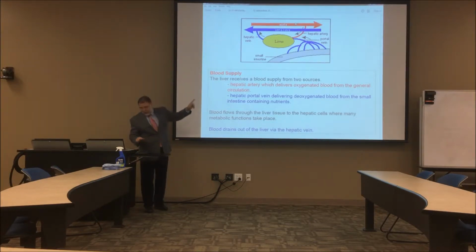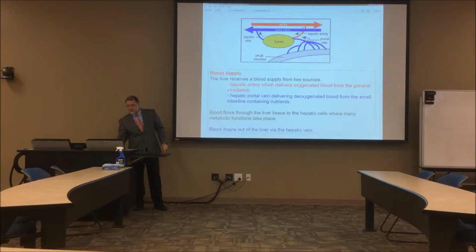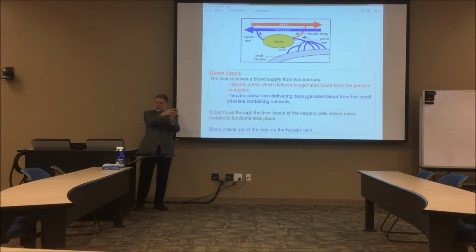As you can see in that diagram, this is a relationship of how they go from the small intestine into the liver, and through the aorta or the hepatic artery into the liver, and how they leave through just one single vein. So it's important to note that two ways go in with blood into the liver, and it goes out through just one common vein.